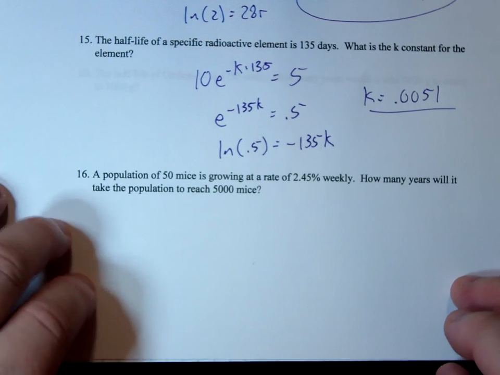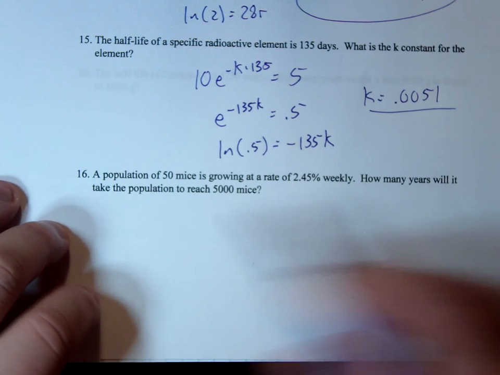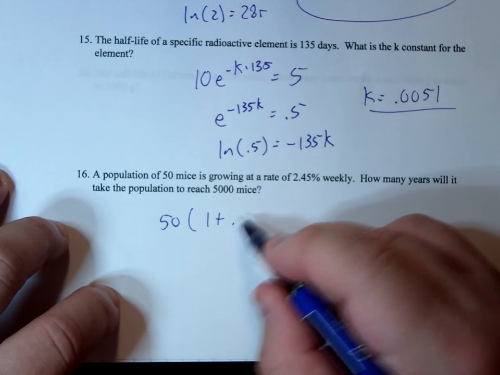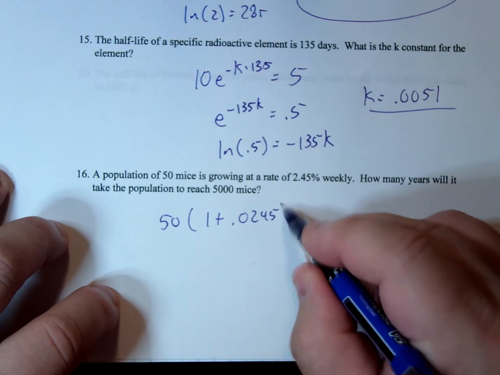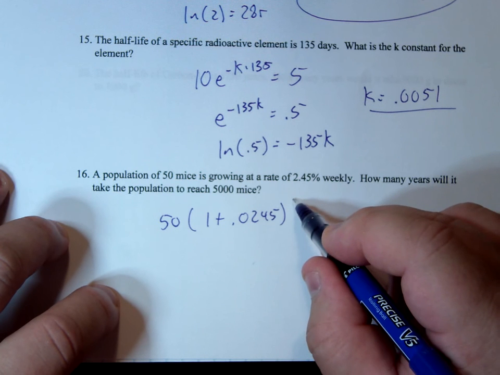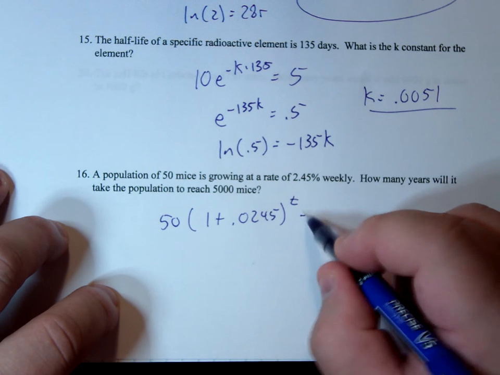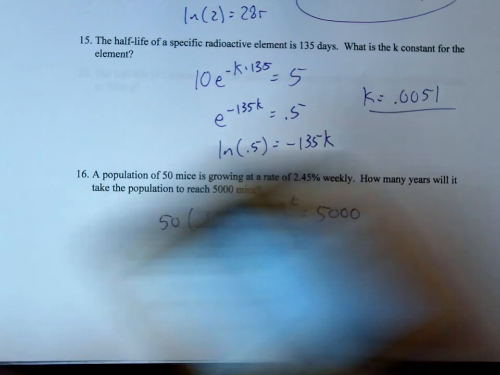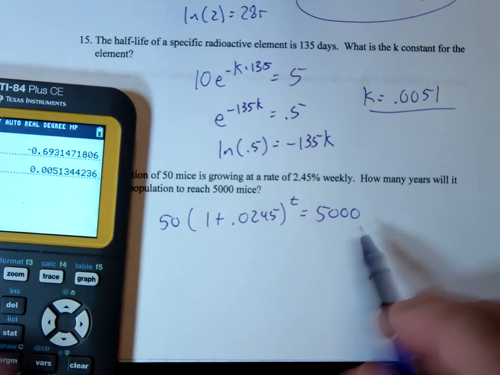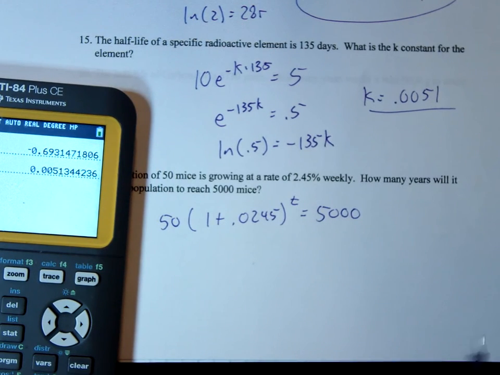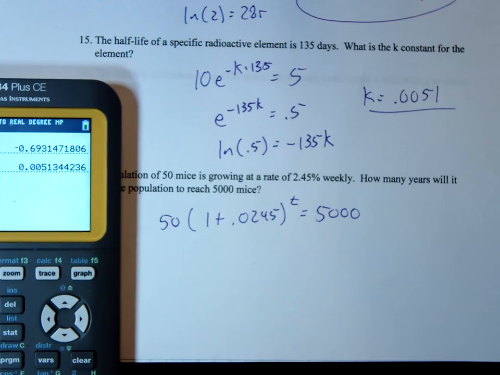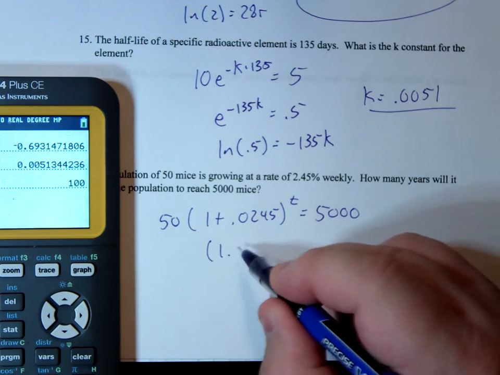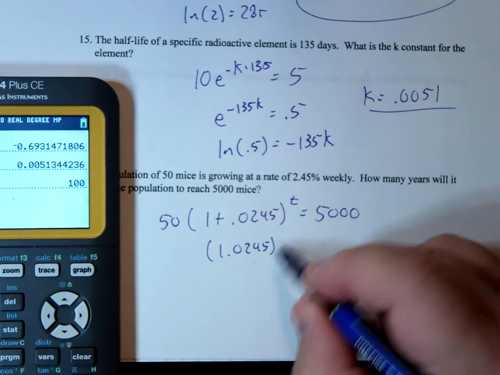Mice growing at a rate, how many years will it take? So starting at 550, 1 plus 0.0245 per week. How long is it going to take to reach 5,000? So whatever we get in weeks, we're going to have to divide it by 52 for the number of years. So first, 5,000 divided by 50 is 100. 1.0245 to the t power equals 100.